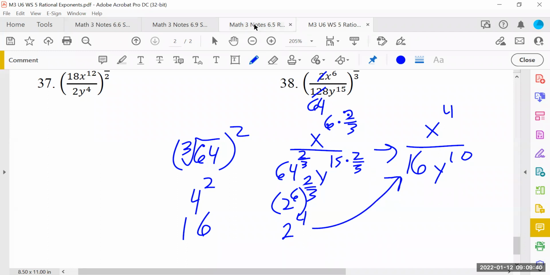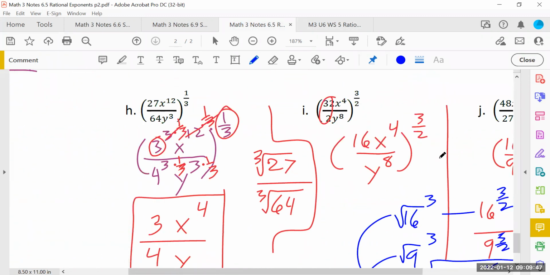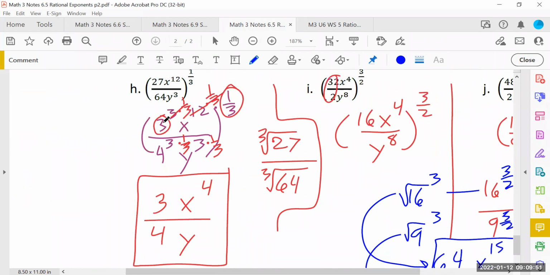So let's go back to the notes. Which one are you looking at? So on H, I changed these to have an exponent. It was 3 to the 3rd power and 4 to the 3rd power. And so I multiplied the exponents together. 3 times 1/3, 3 times 1/3.